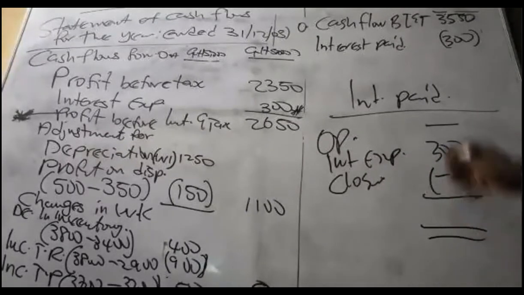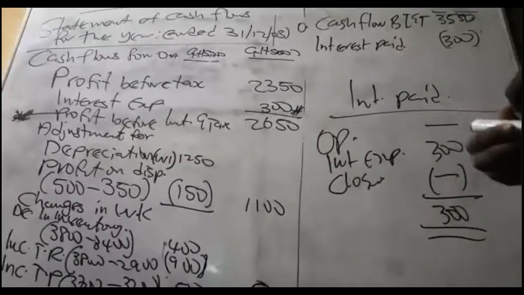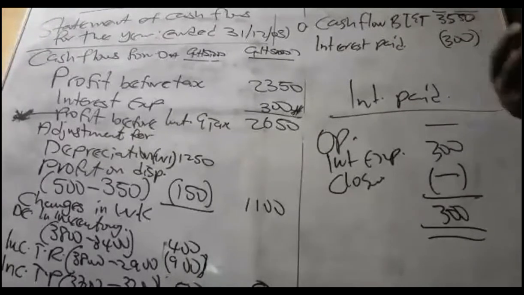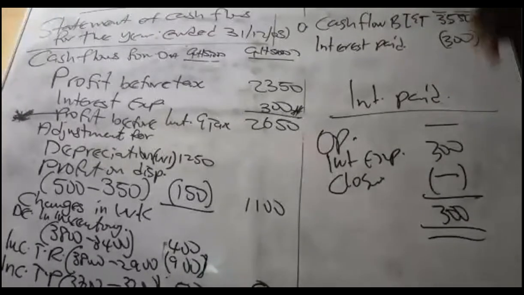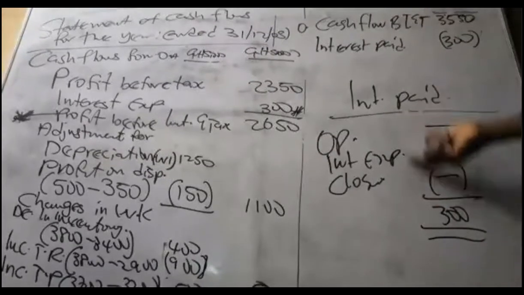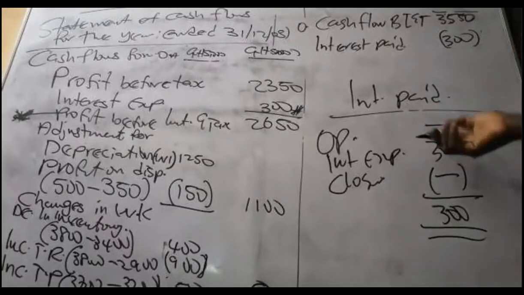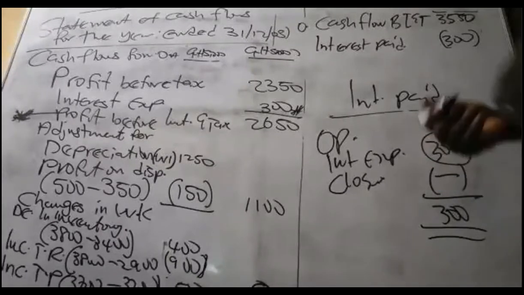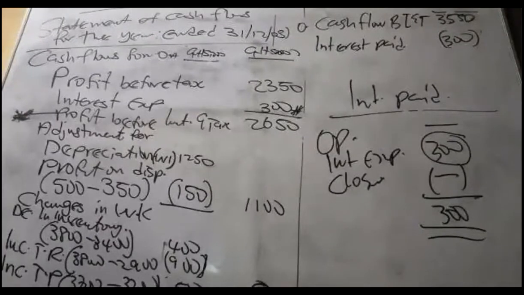Just that if there's no interest liability on the balance sheet, there's no need for you to go through all this. If you do all this, I'll give you one tick because there's no figure here. That is it. So basically, that is the interest paid.